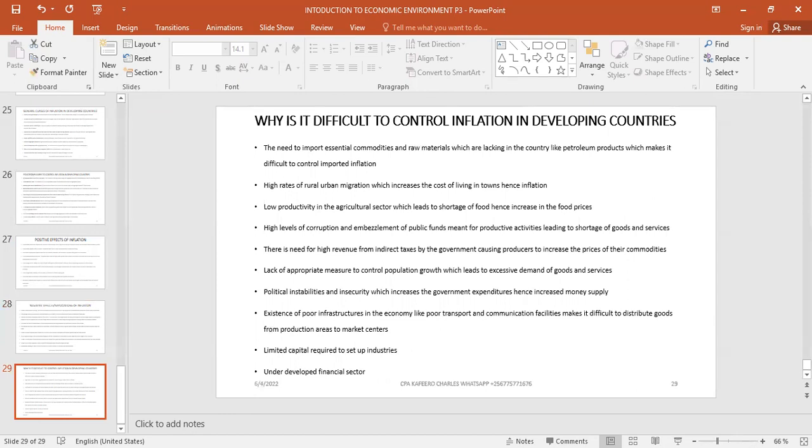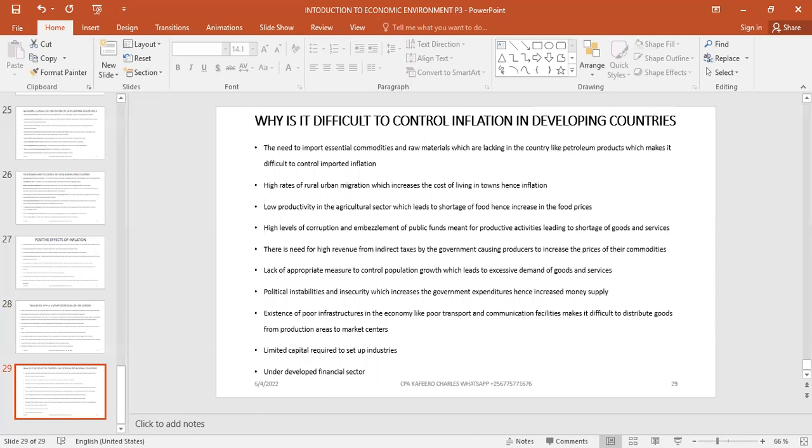One of the reasons why it is hard to control inflation in developing countries is because there is a need to import essential commodities and raw materials into the country. There is a need for importation of those raw materials and commodities which are lacking in the country.